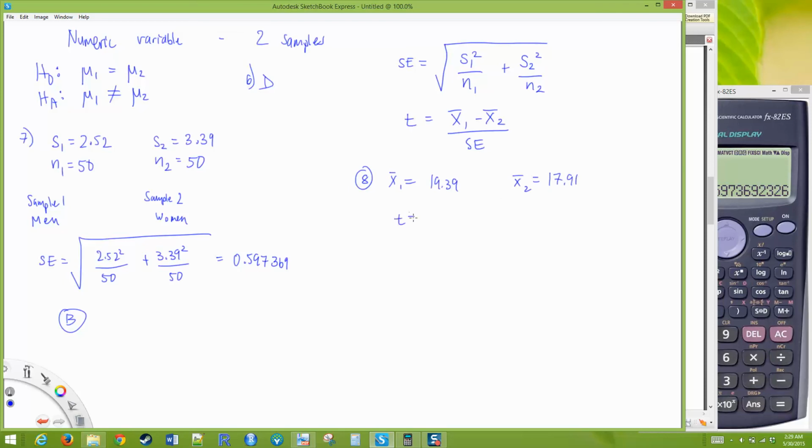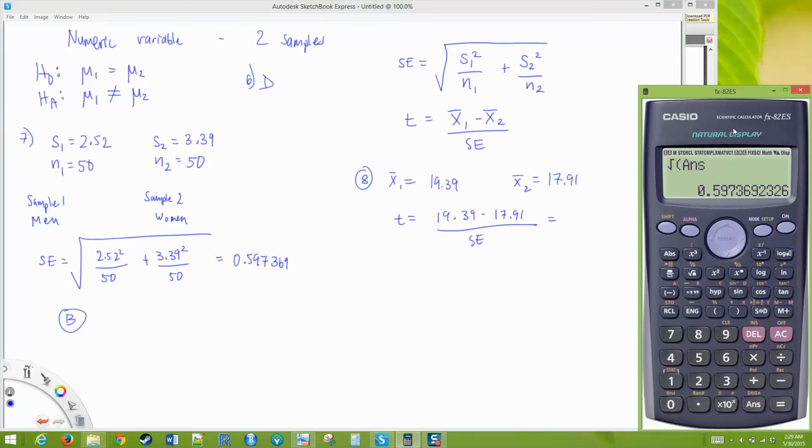So our test statistic is 19.39 minus 17.91 divided by our standard error, 0.597369. Okay, so I'm going to punch this into my calculator and leave the number for the standard error in there. I do 19.39 minus 17.91, close off the parentheses and hit divide, and I hit the answer key so I don't have to retype all of this.